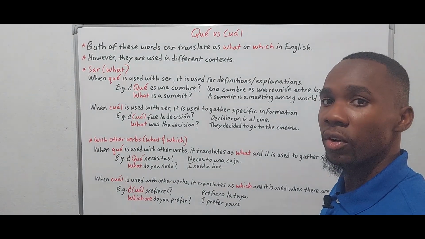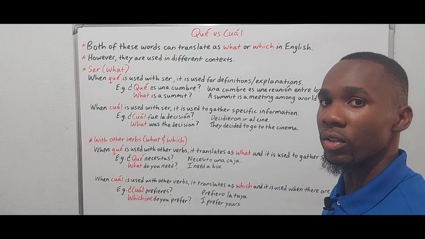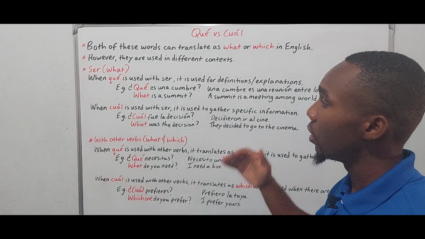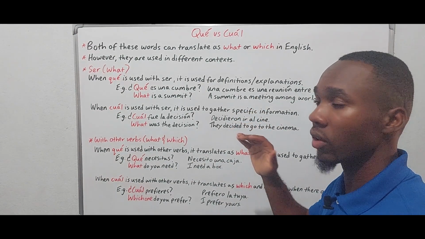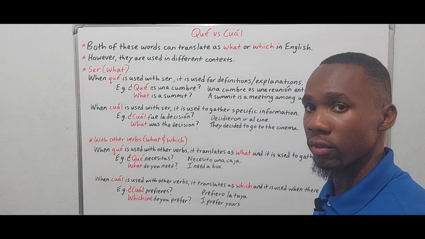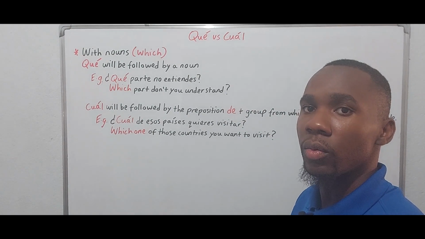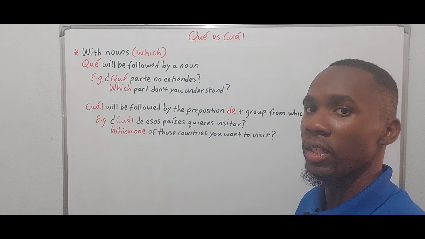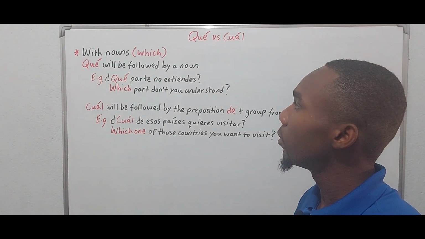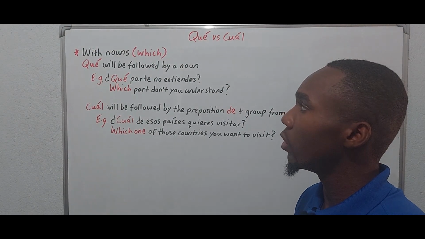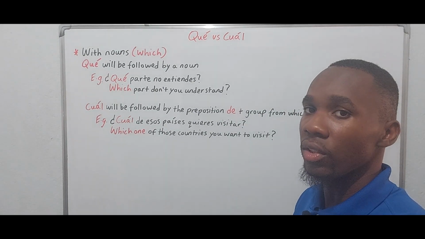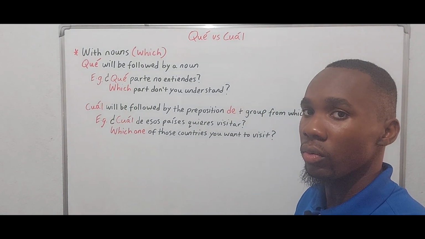So now we are going to move on to the third context, which is going to be nouns. We move on to the final segment of this lesson, so we are going to see how que and cuál are utilized when it comes to nouns.